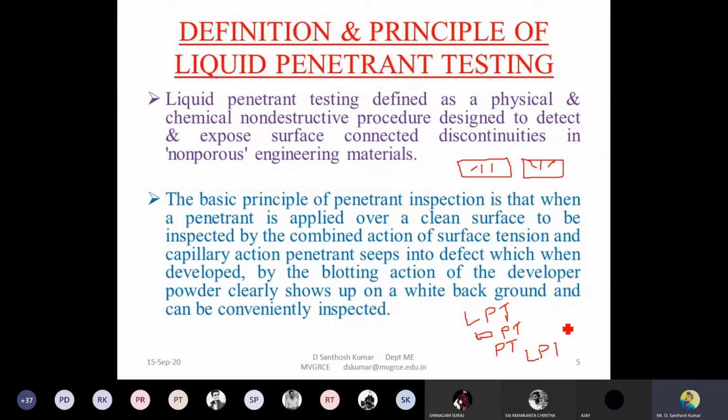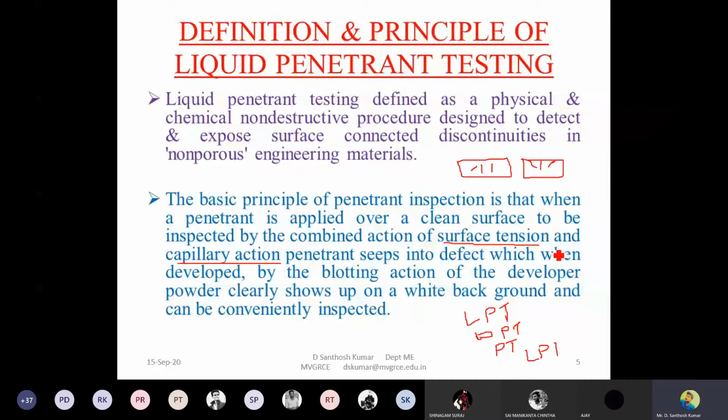So coming to the principle of this liquid penetrant testing, whenever you apply a penetrant over the clean surface to be inspected, a combined action takes place on the surface. One is surface tension and the other is capillary action.